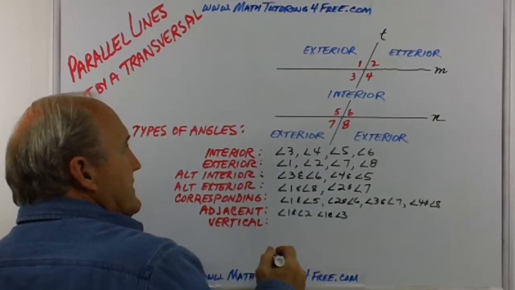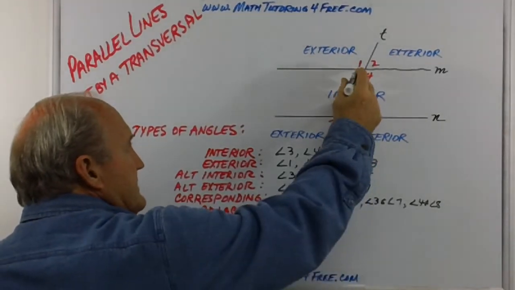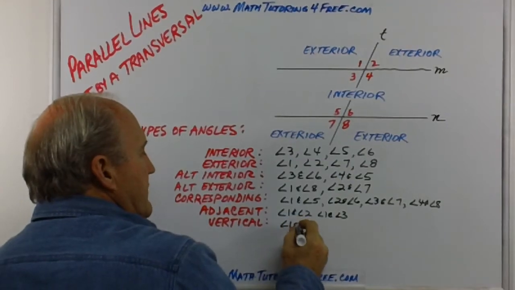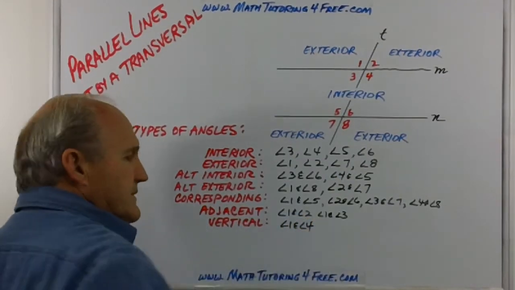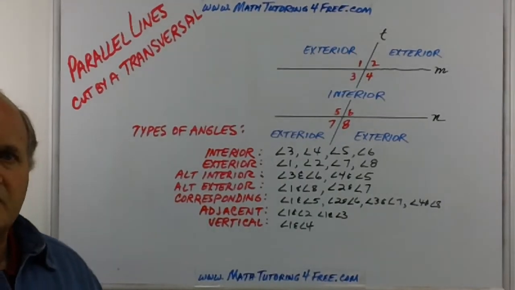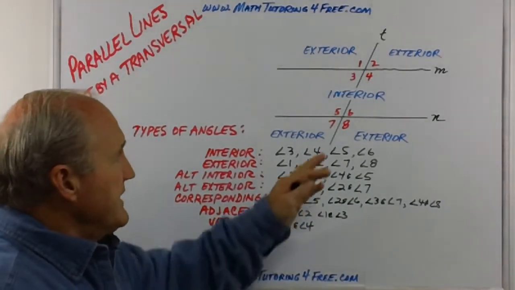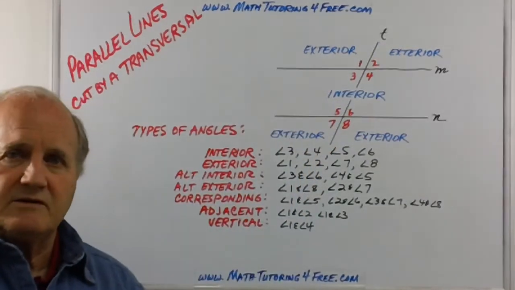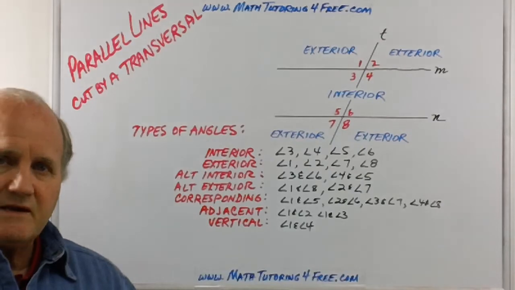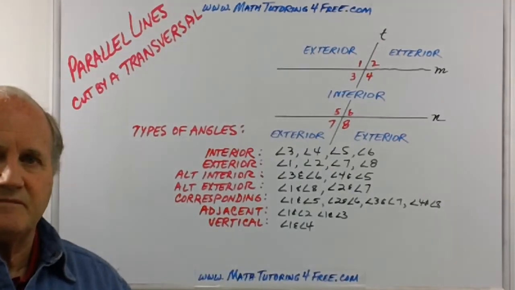And how about vertical angles? We knew vertical angles. 1 and 4 are vertical. What do we know about vertical angles? Vertical angles are equal, aren't they? What this comes down to is that if we know one angle, we can figure the other 7 out very easily, if the lines are parallel.